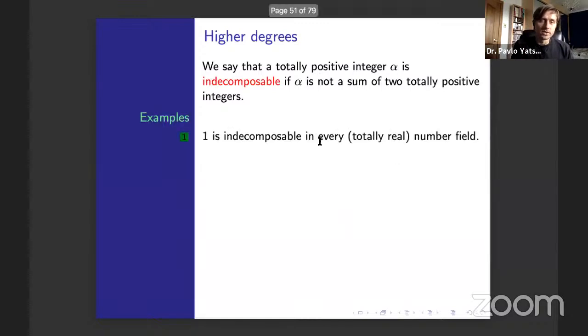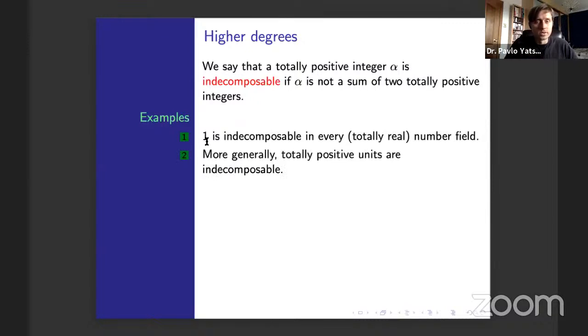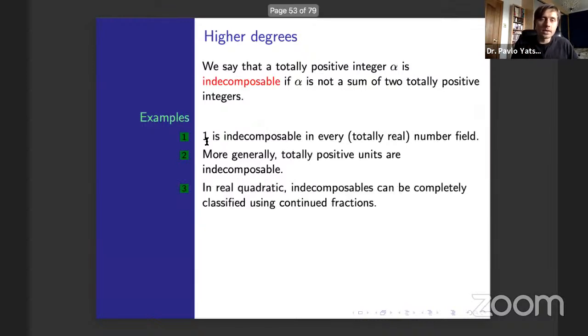An example of this would be 1. 1 is always indecomposable, as you cannot write it as anything smaller. And more generally, any totally positive unit is indecomposable. It is known that there are only finitely many indecomposables up to multiplication by a unit, or square of a unit. And generally, the structure of indecomposables is well understood in real quadratic number fields.